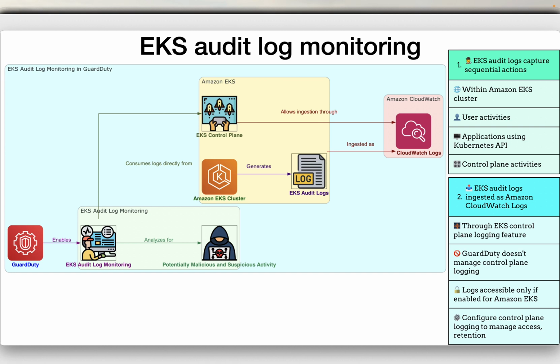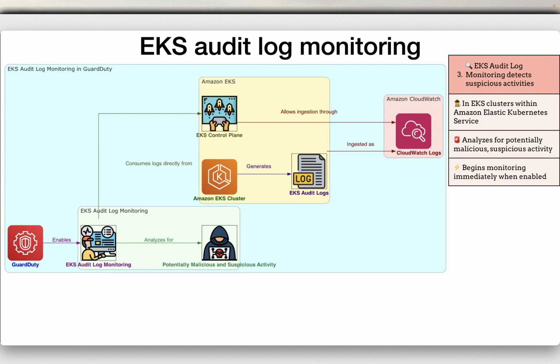GuardDuty is just relying on Amazon EKS control plane logging, which gets ingested to Amazon CloudWatch logs, and from that point onwards, GuardDuty will be doing its job. EKS audit log monitoring helps you detect potentially suspicious activity in your EKS clusters within Amazon Elastic Kubernetes Service. When you enable EKS audit log monitoring, GuardDuty immediately begins to monitor audit logs from your Amazon EKS clusters and analyze them for potentially malicious and suspicious activity.